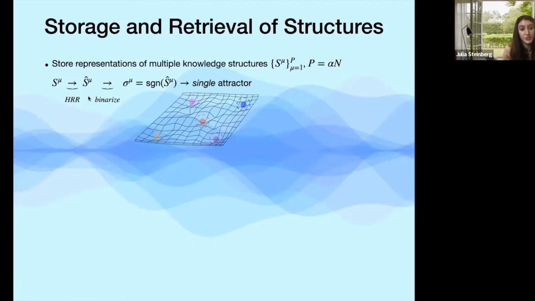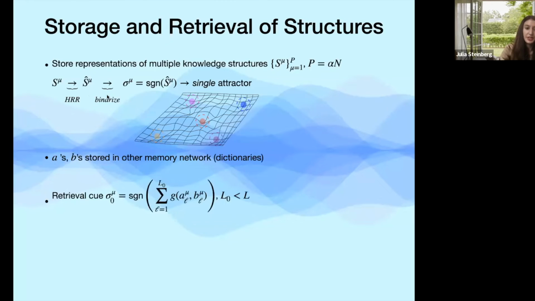And then what you can do is binarize the structure so that you can store many different structures as single attractors in this network. The important thing is that the objects and attributes should be stored in other memory networks, basically providing some dictionaries. And then to retrieve each item from the network, usually you think of having a noisy version of a pattern being a retrieval cue.